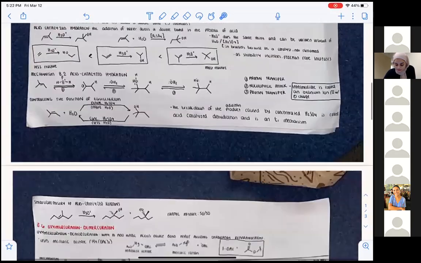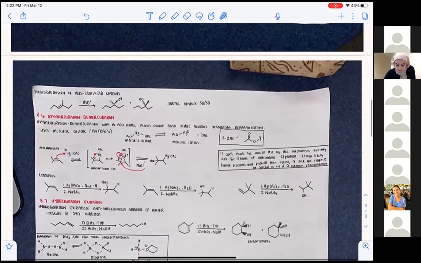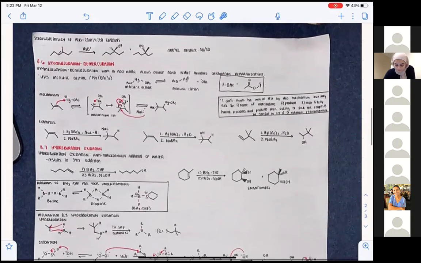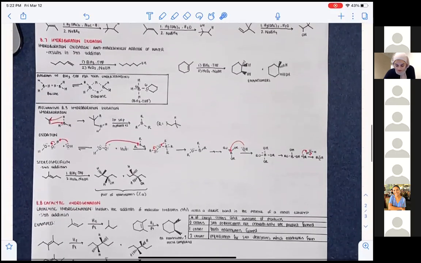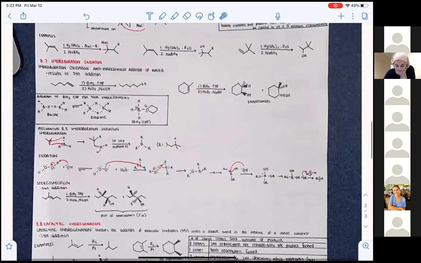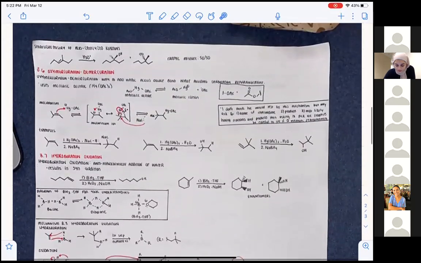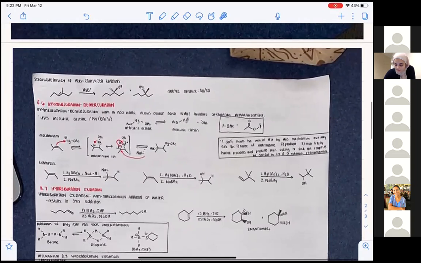And let me scroll down to see if I have them numbered. One second, I'm trying to see, because 2 of them are Markovnikov, and then one of them is anti-Markovnikov.